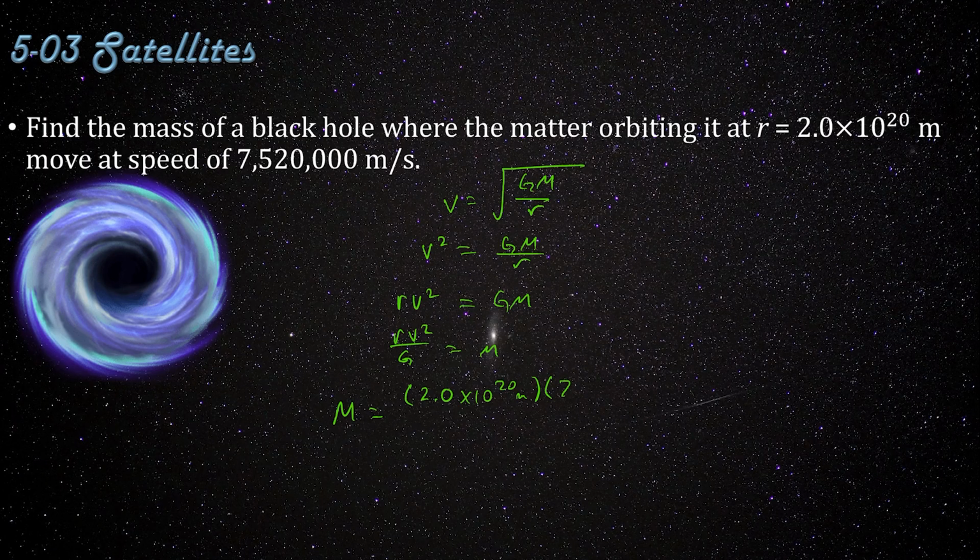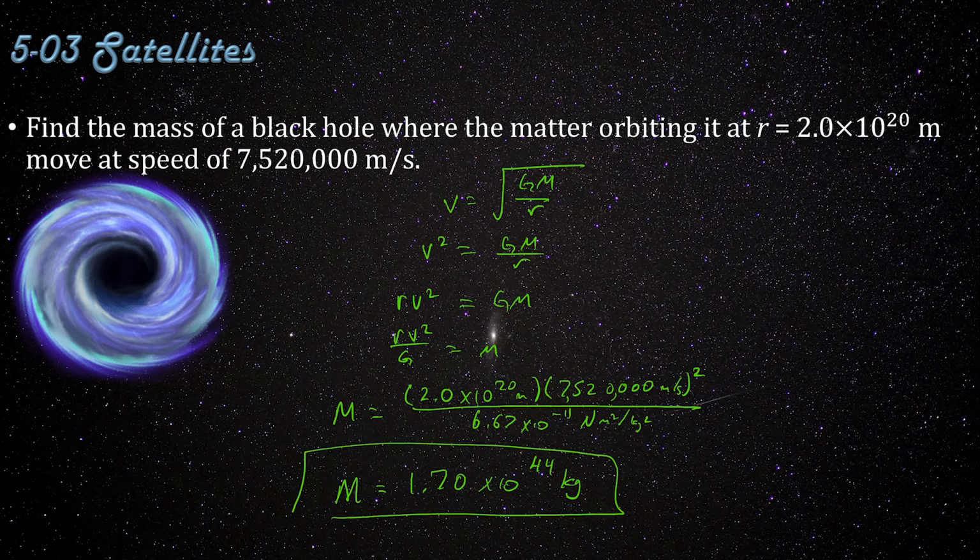Our speed is 7,520,000 meters per second, and that's squared. And the G is 6.67 times 10 to the negative 11 newton meters squared per kilogram squared. And you multiply and divide all that, and you should get 1.70 times 10 to the 44 kilograms. Very massive black hole.